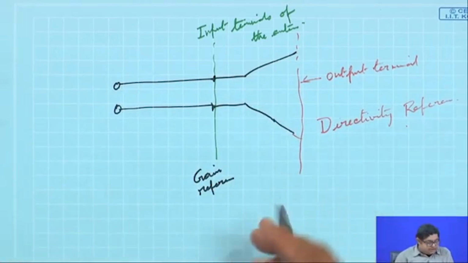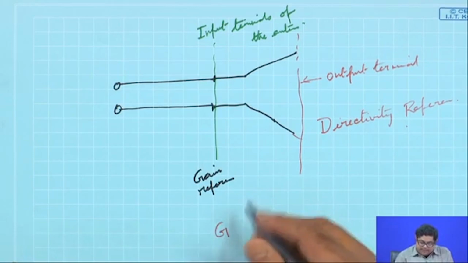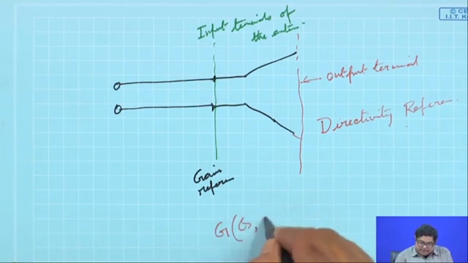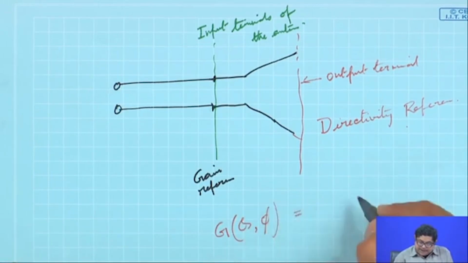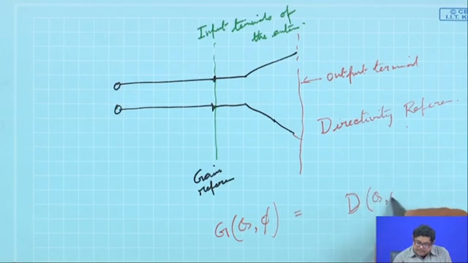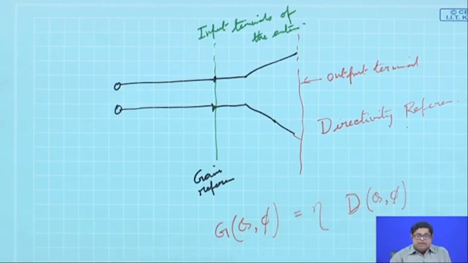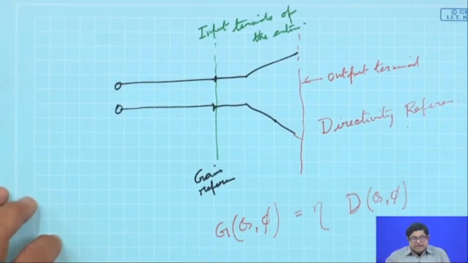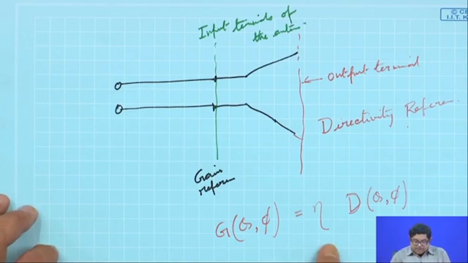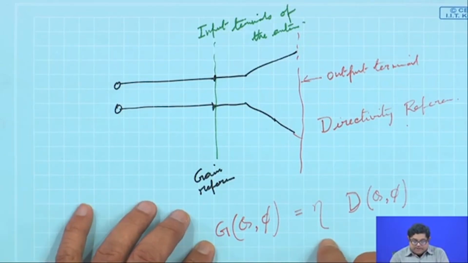That is why the gain function of theta phi can be related to the directivity function of theta phi. They are proportional, and the proportionality constant is efficiency. So, you see that gain actually takes care of all these efficiencies.